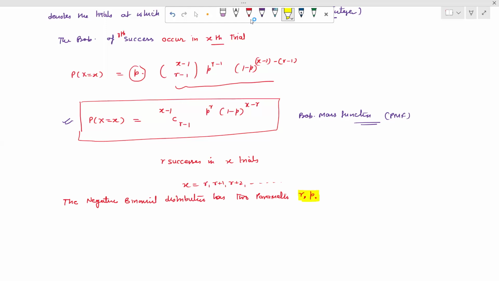So when we write the mean and variance, here we write the mean and variance directly.